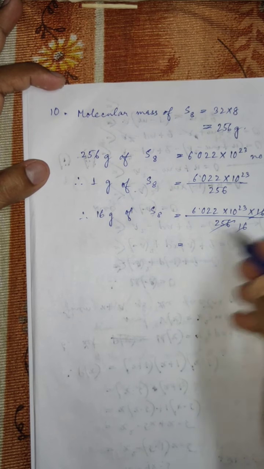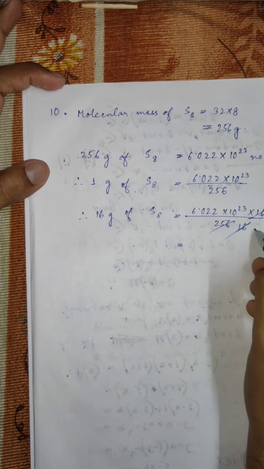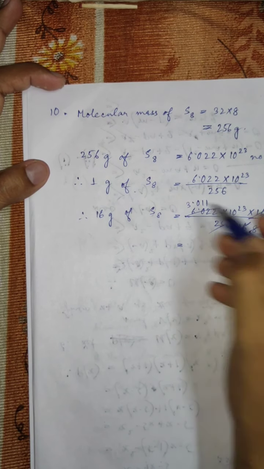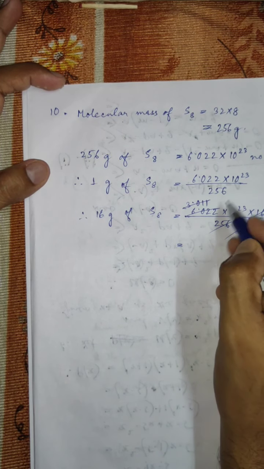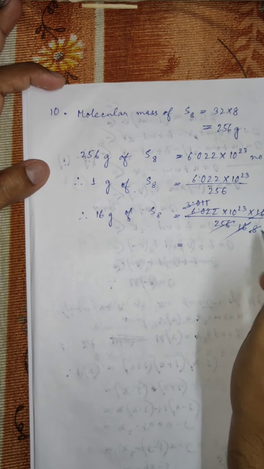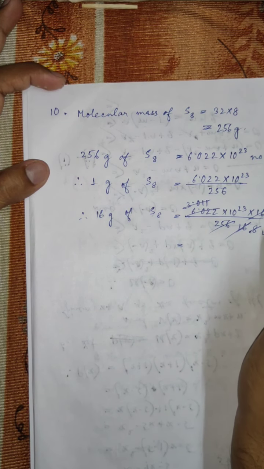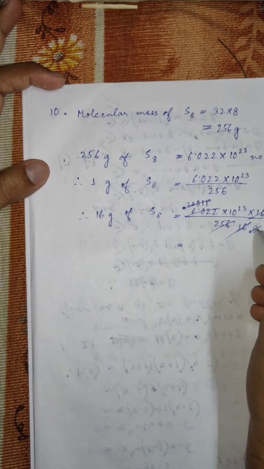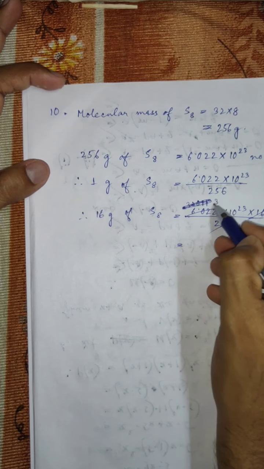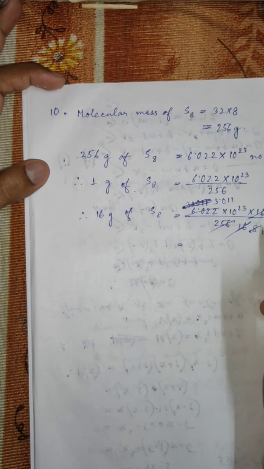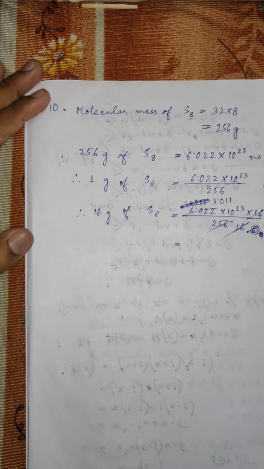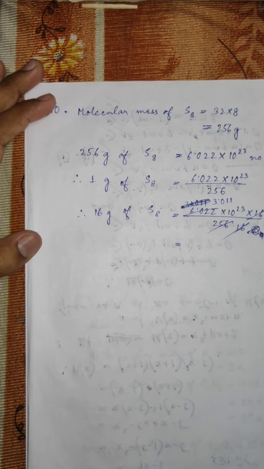Simply it is 16, and we can further divide by 2, 3.011 and 8. It is not divisible by 2 further. So we must divide 3.011 by 8. Simply divide it.